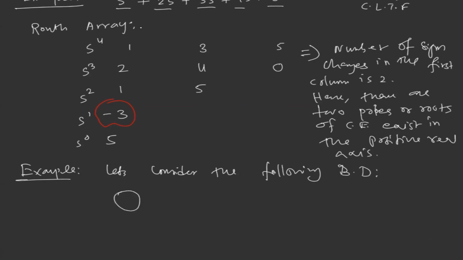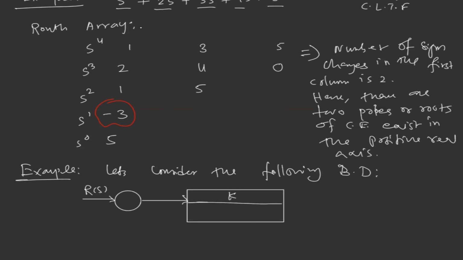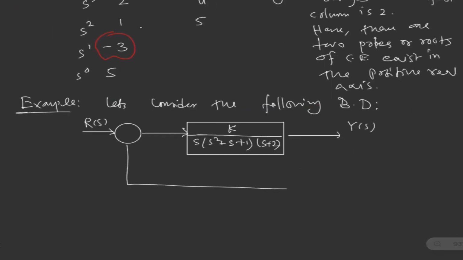We have a summing point, R of S, and the transfer function which includes the plant and controller, K upon s into s square plus s plus 1 and s plus 2, and the output is Y, and the feedback, this is negative, this is positive. So this is the system.